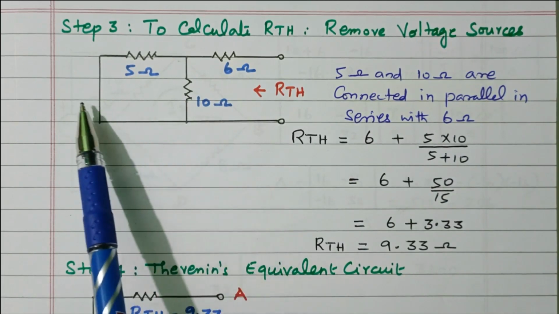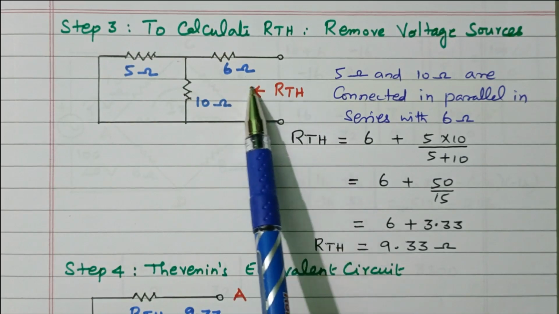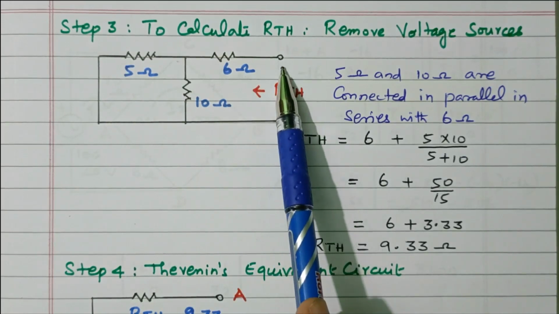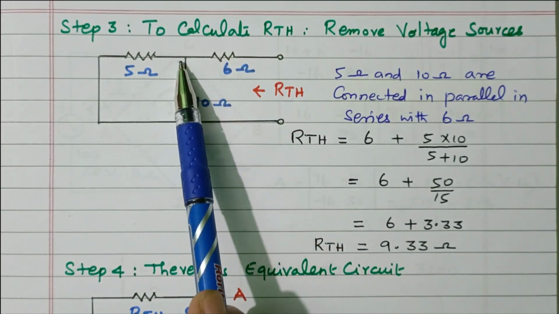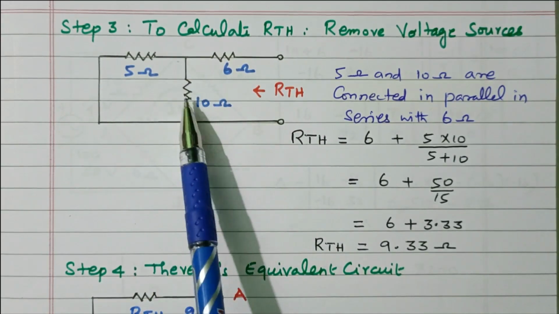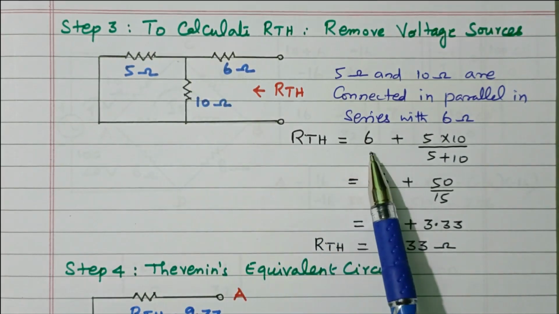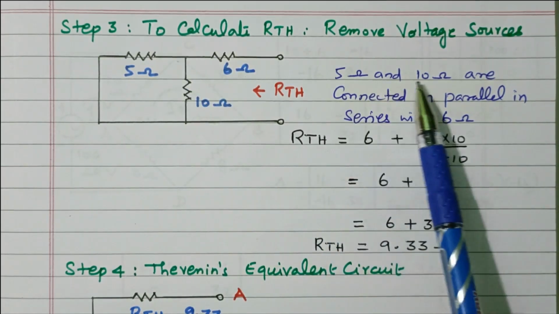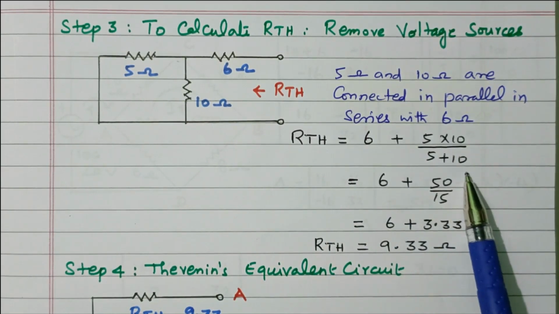So the important thing is the resistance is not taken from the load end. So we are assuming that current is flowing in 6 ohm, and that is diverted across 5 ohm and 10 ohm. So these two are parallel, and that is in series with 6 ohm. So 6 plus 5 and 10 ohm in parallel. So R1 into R2 divided by R1 plus R2.